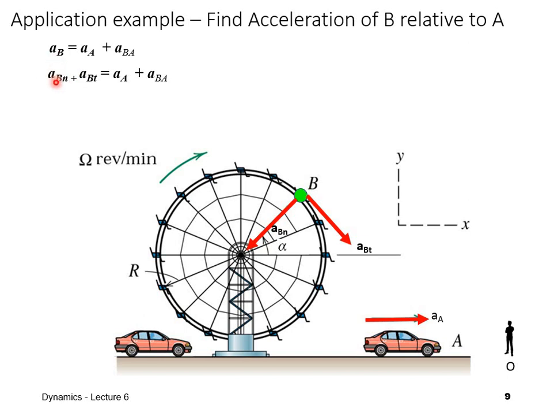AB itself, as I mentioned just now, has an AB normal and an AB tangent, equal to AA and ABA. The normal acceleration at this point, acting toward the center of the circumference, is given by the formula V squared over rho, where rho is the radius of the Ferris wheel and V is the tangential velocity.